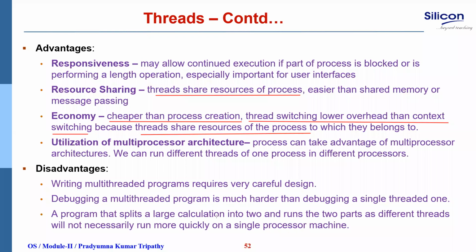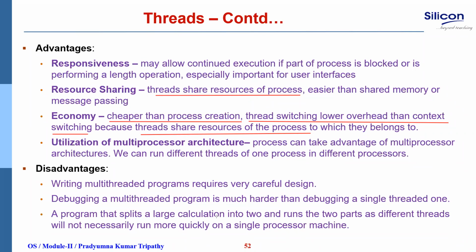The next advantage is utilization of multiprocessor architecture. Suppose I have multiple processors in my system, and I'm using a multi-threaded operating system, so my operating system can support multiple threads. What will happen?